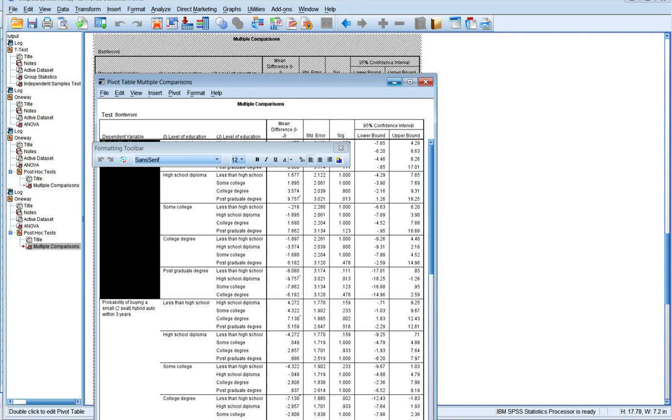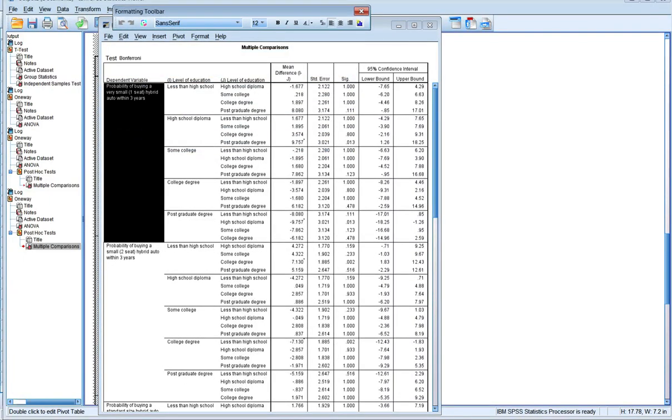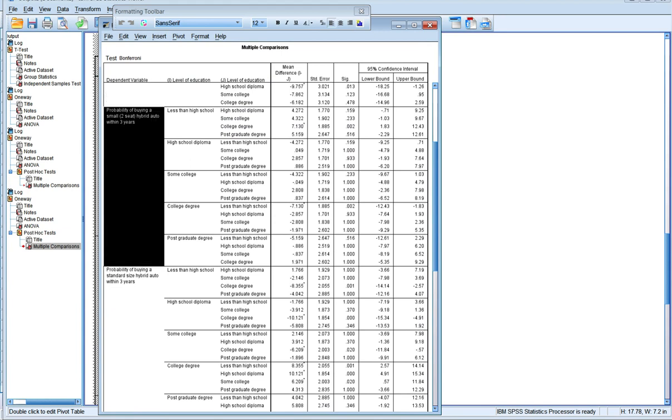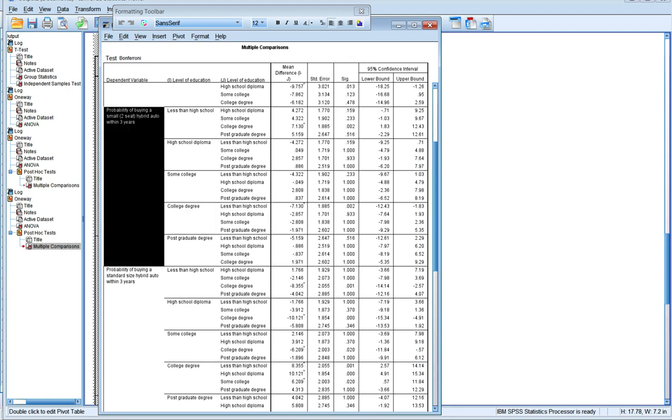Let's look for the others too. For the two-seat hybrid car, we also see some significant differences, and this is between people with college degree and less than high school degree. So there is a significant difference between people with those education levels to buy the two-seat hybrid.